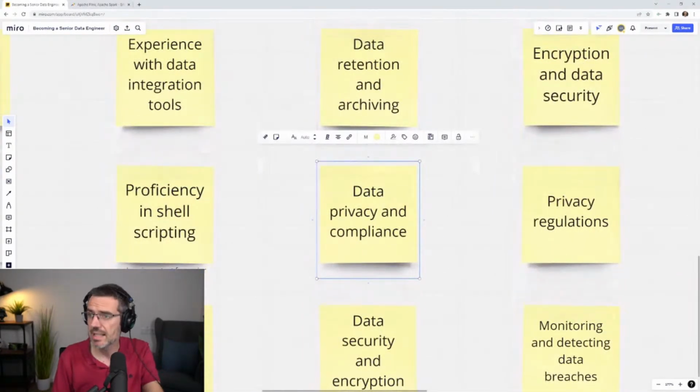Privacy and compliance. That is something I struggled with for months in my early work. It's super difficult because you have all these rules and regulations from the government that you need to look into, that you need to apply, that you need to document.